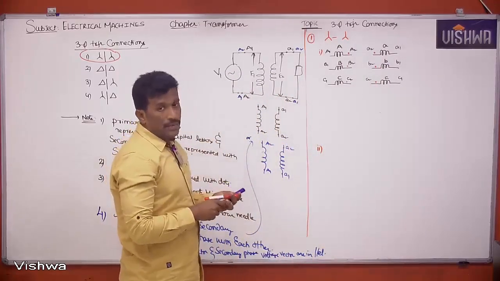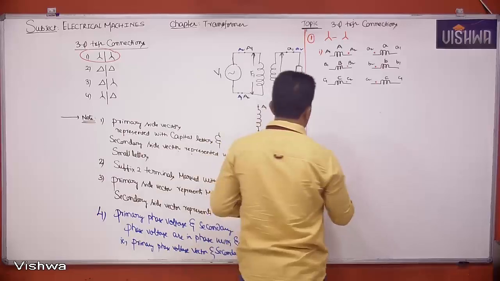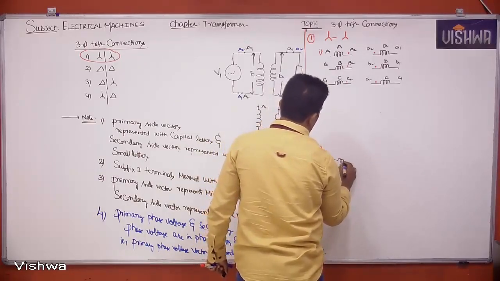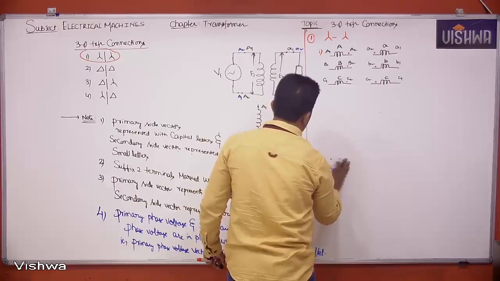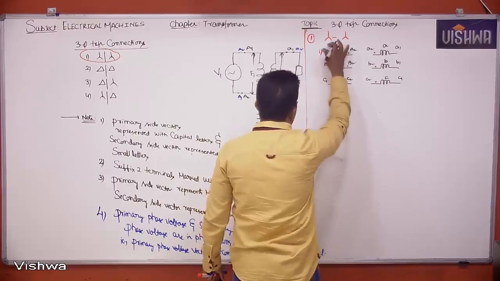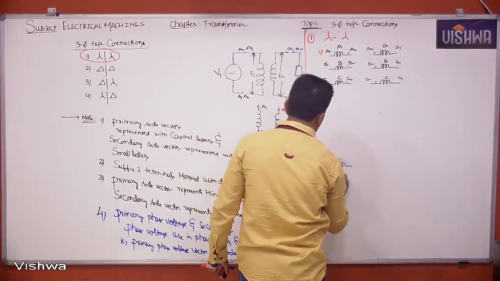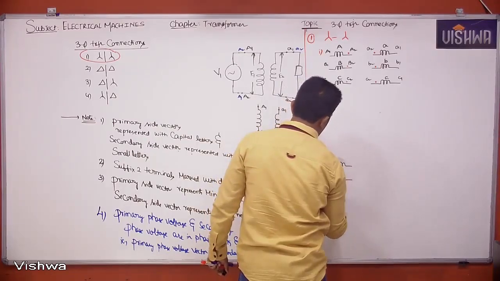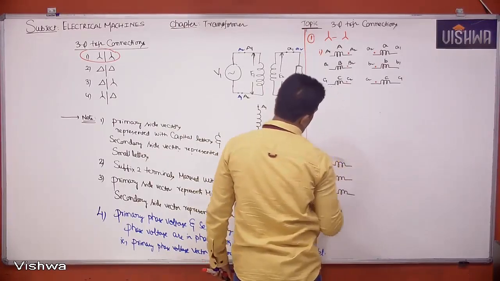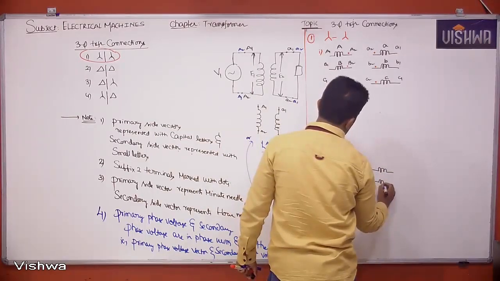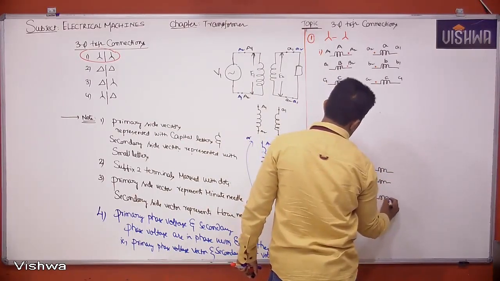Okay. Similarly, let me draw here also. The primary represents a star, so let me take 3 vectors here, 1, 2, 3. Here also let me take 3 vectors, 1, 2, 3.